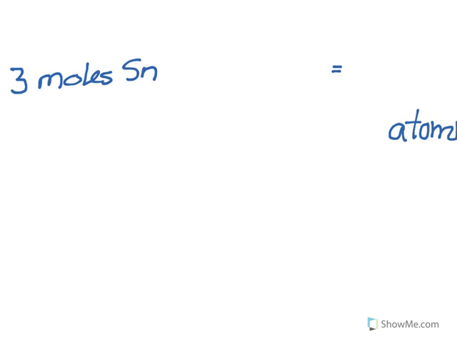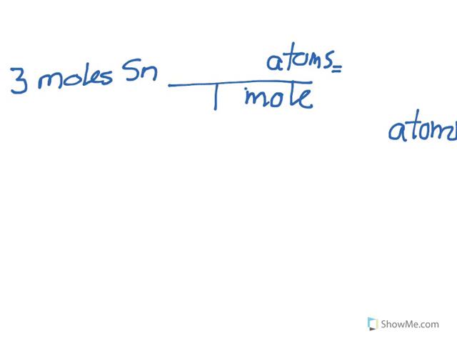Okay, we need a conversion factor that is going to cancel out moles and introduce atoms. Okay, the conversion factor that will do this for us is 1 mole is equal to 6.02 times 10 to the 23rd atoms. Okay, that's how many atoms are in 1 mole.